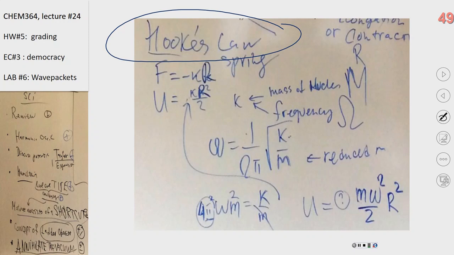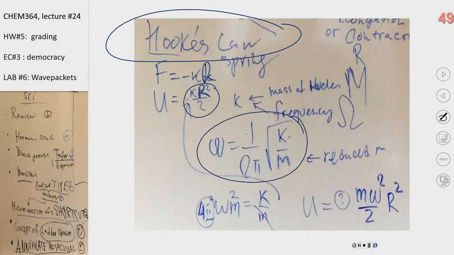So the force is linear in elongation, the potential energy is squared, and one can use two concepts: the rigidity of a spring, the Hooke's constant, and the mass of a ball, or the reduced mass if it is diatomic. And if you remove it from equilibrium and let it go, it will oscillate with a frequency which is the square root of this Hooke's constant over the mass, right?